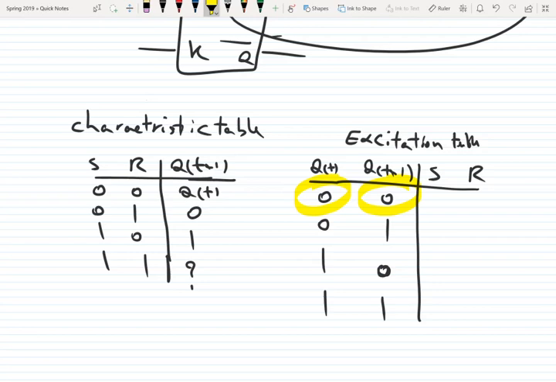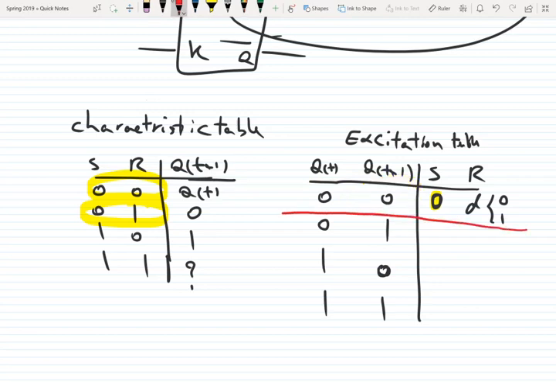If S is 0 and R is 1, or S is 0 and R is 0. So we say if S is 0 and R is D, 0 or 1. Okay, we will have this row of characteristics.